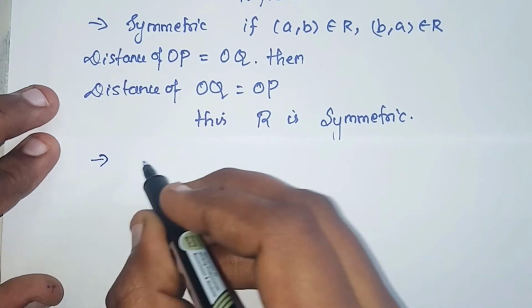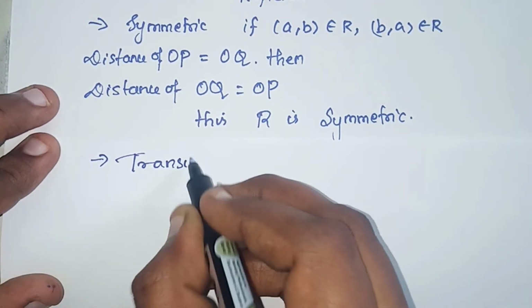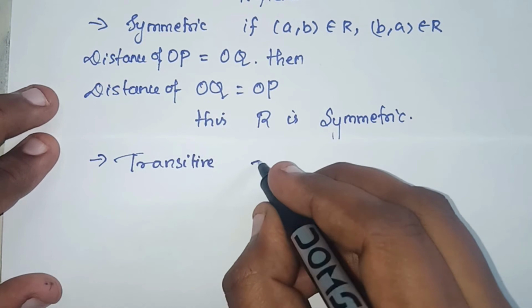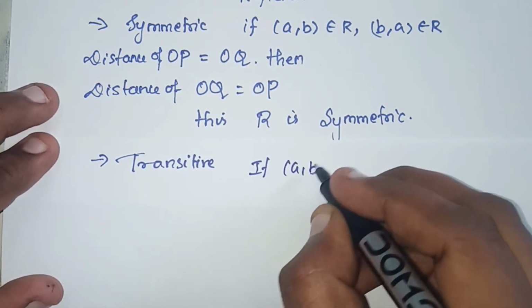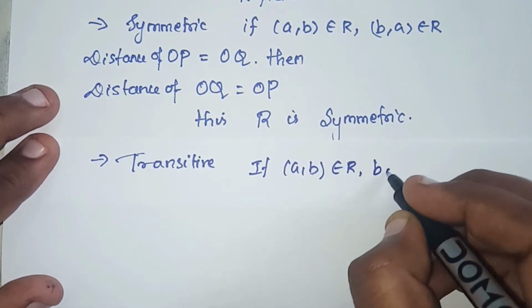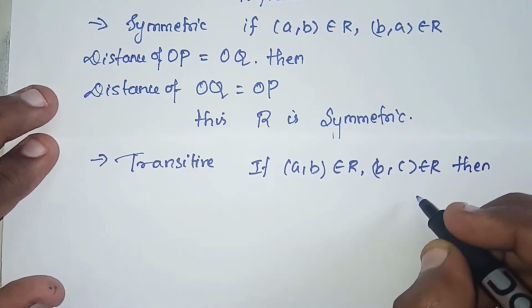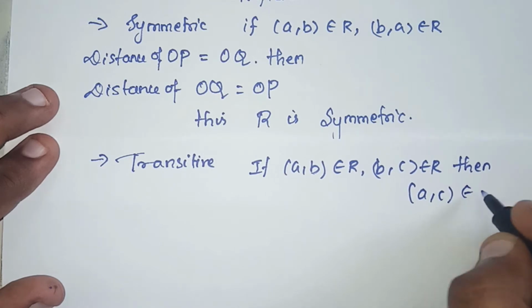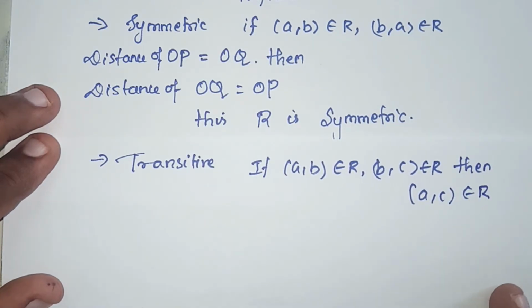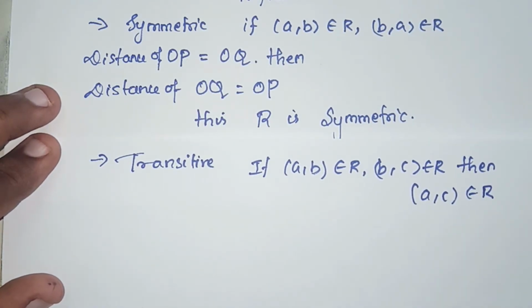Next, we need to check the transitive property. What is meant by the transitive property? If (A, B) belongs to the relation and (B, C) belongs to the relation, then (A, C) also belongs to the relation. This is the transitive property. Here we need to represent A, B and C as points.